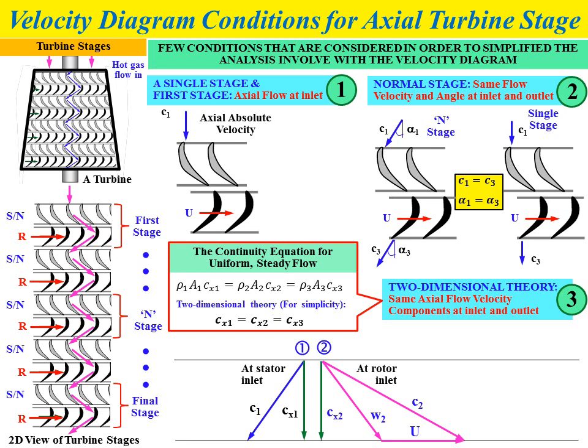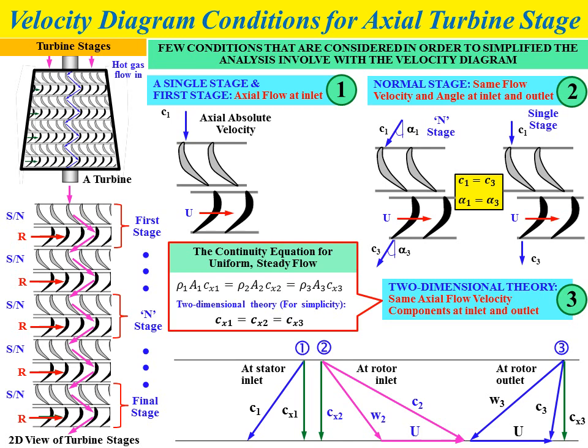So for the absolute velocity C2, we'll have the x component, the axial component of velocity, Cx2. Similarly, with the velocity diagram at the rotor outlet, we have W3, C3, and also U. The axial component for the C3 vector is Cx3.